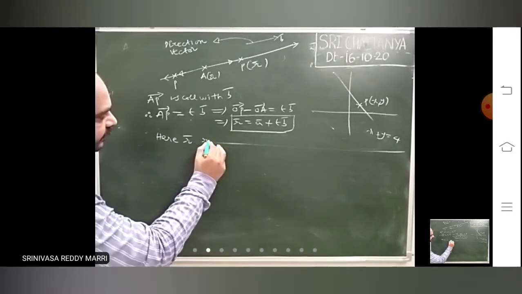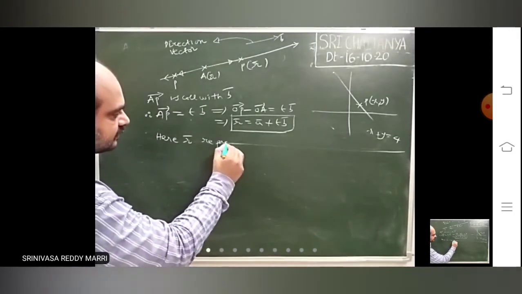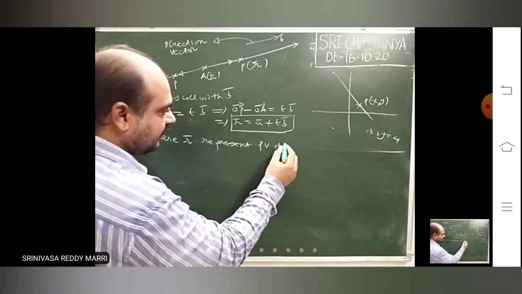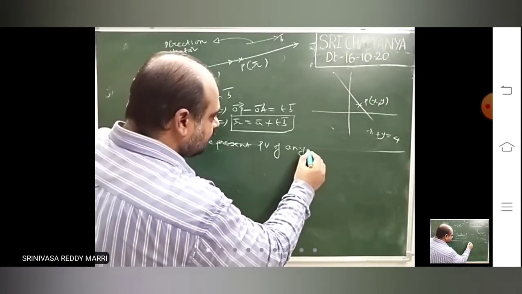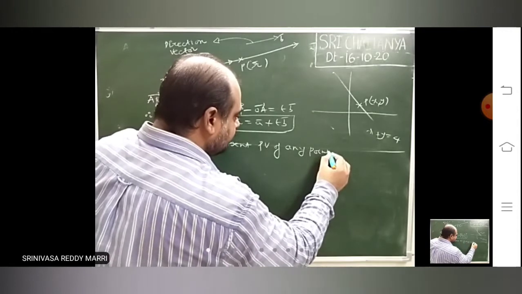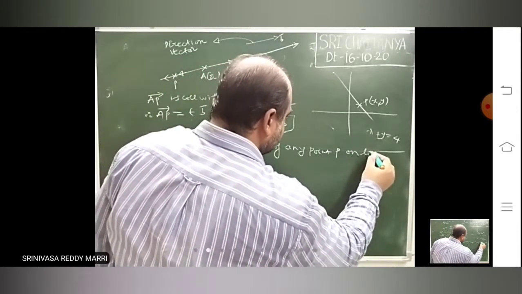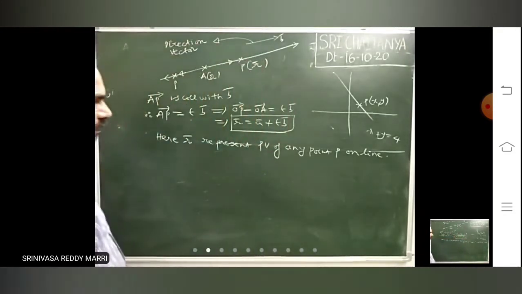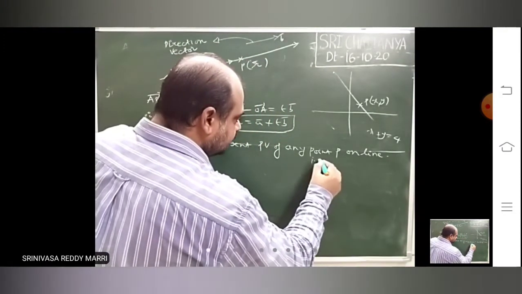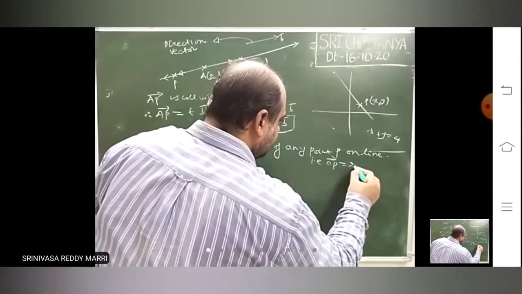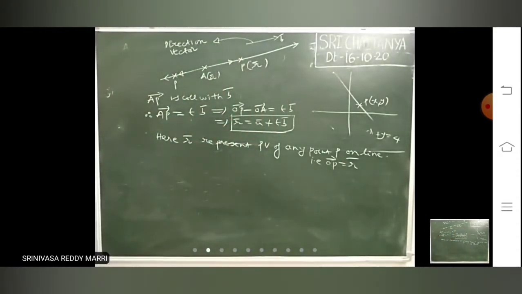Here R bar represents the position vector of any point P on the line, that is, OP bar equals R bar.